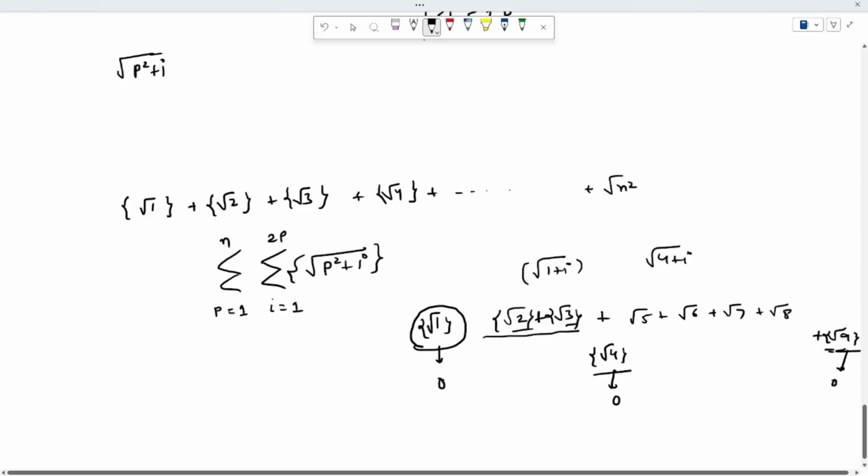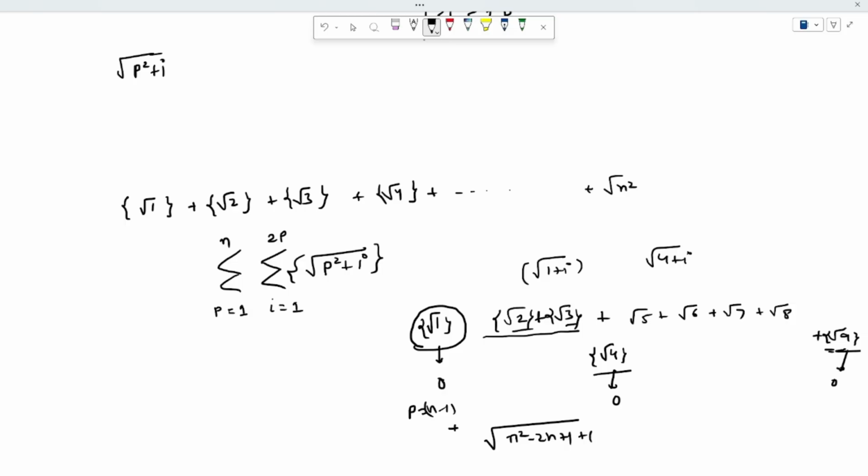Okay, and if we take the value of p as n minus 1, then this is n square minus 2n plus 1, which is (n minus 1) square, so plus 1 till this goes to n square minus 1. Because the next one is the square root of n square, that is an integer.